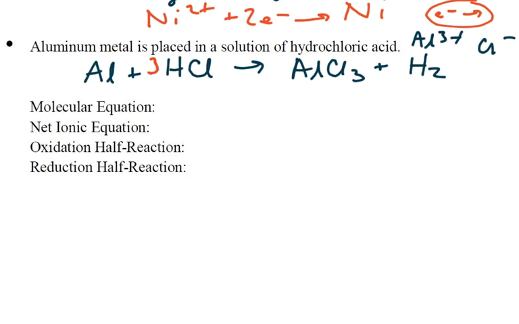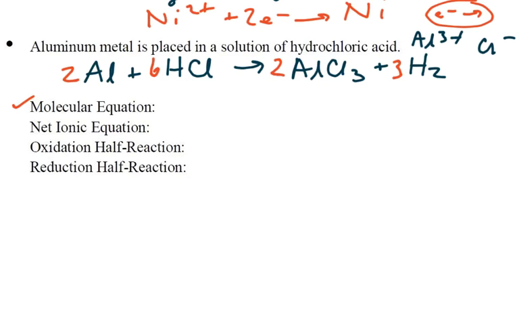So let's go back and do that. So instead of this being 3, let's make this a 6 HCl. And if we have 6 HCl, then we could have 3 H2s. If we have 6 HCl, we have 6 chlorines, so we get 2 AlCl3s, and then the 2 aluminums would leave 2 there. So that's our balanced molecular equation.